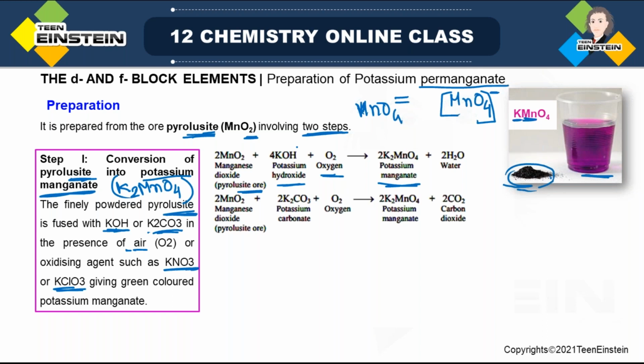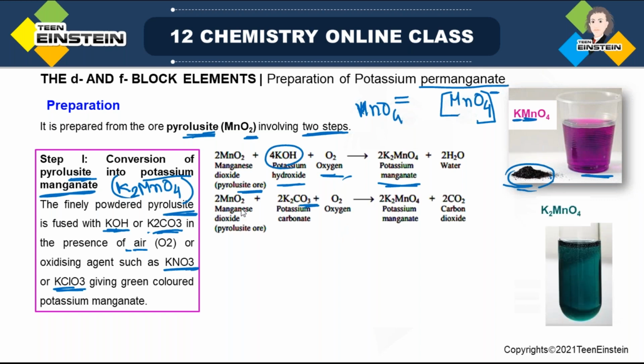Another method: instead of using KOH, you can also use K2CO3, which is another fusing reagent, and oxygen is there to show the oxidizing property. Now, instead of using oxygen, we can also use KNO3 and KClO3. Here we also have the picture of K2MnO4 solution, how it actually appears. See, the color is completely different.